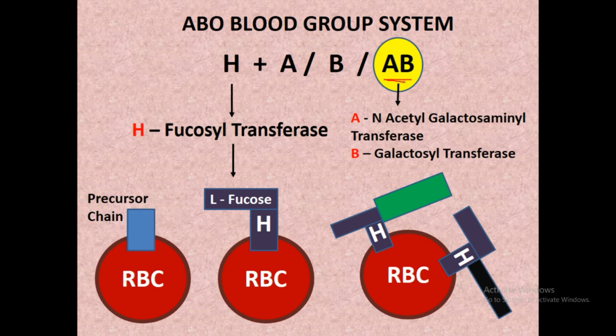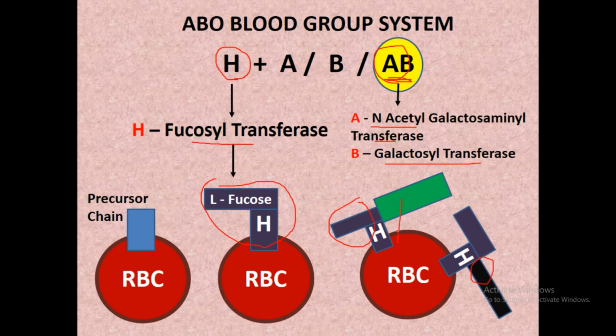Now the person having the AB gene, first of all there must be the presence of the H gene, which is responsible for the fucosyl transferase enzyme which transfers L-fucose to the precursor chain and this forms the H substance. Now the person having the AB gene, the A gene is responsible for N-acetyl galactosamine transferase enzyme which transfers N-acetyl galactosamine to this H substance, and the B gene is responsible for galactosyl transferase enzyme which transfers D-galactose to this H substance.